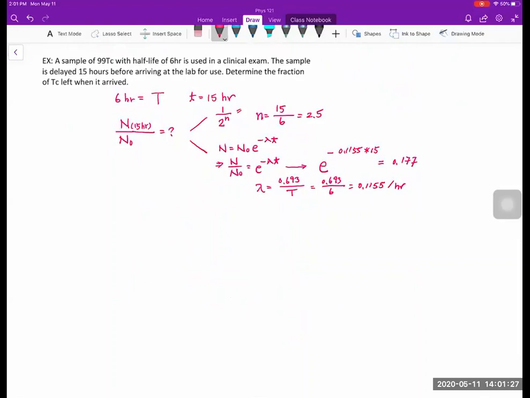Okay, let's do one more, just a little bit different one, and then we will move on to the lab. So let me write down one example here.